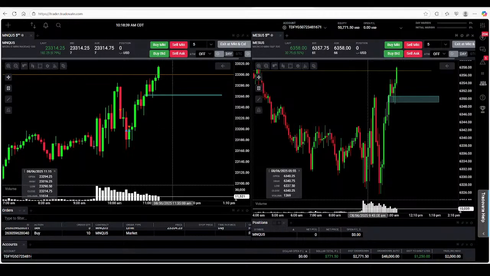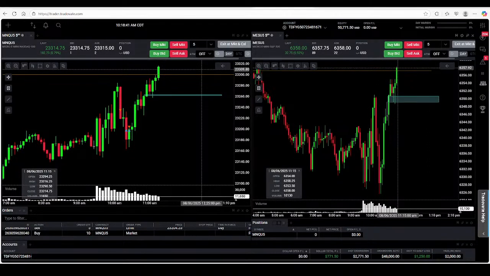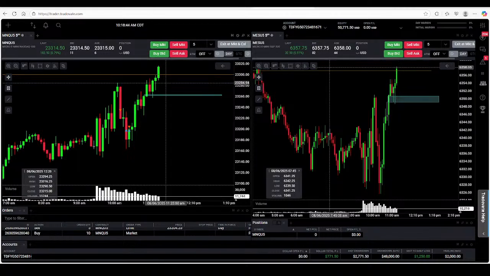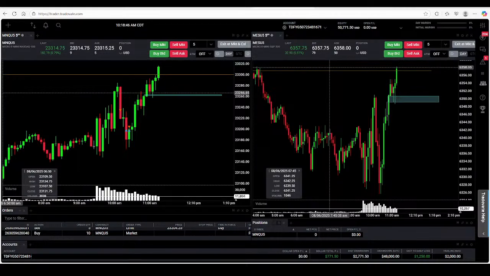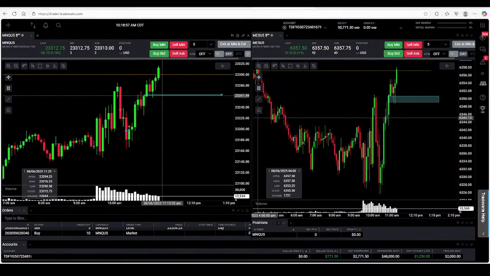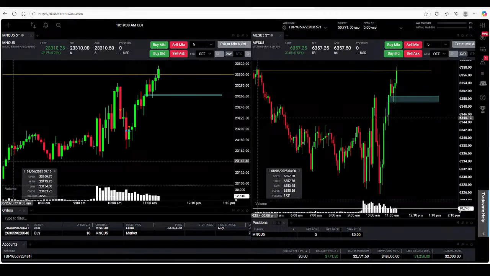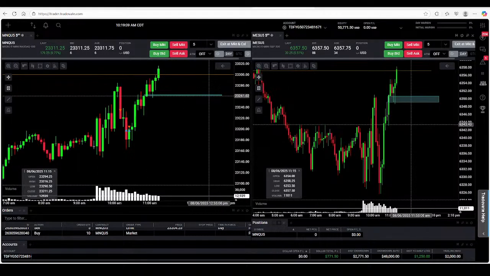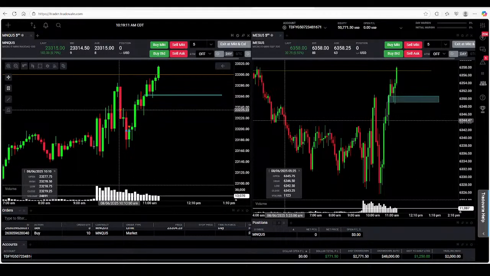Both now, everything's really in sync. Large aggressive move as we're creating a new high of day here. We will see if we can get some type of reject.